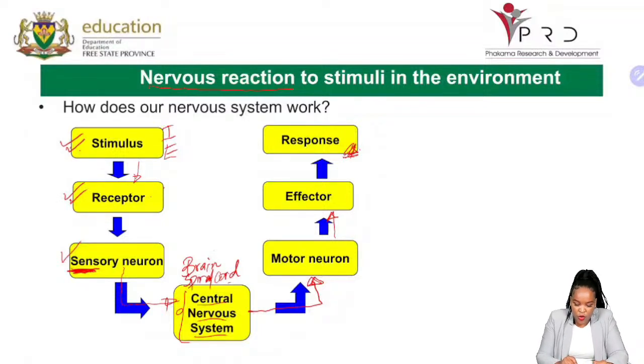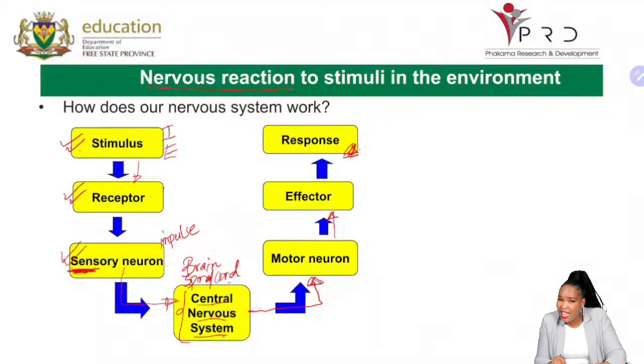The receptors are going to send that stimulus to the sensory neurons now as impulses. Let me write impulse here so that you can remember. Then those impulses are going to be sent to the brain or the spinal cord, which is the central nervous system. And then this central nervous system is going to send that message back again to the motor neuron.